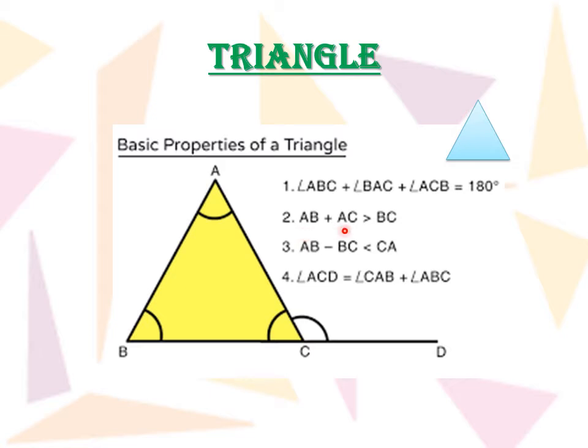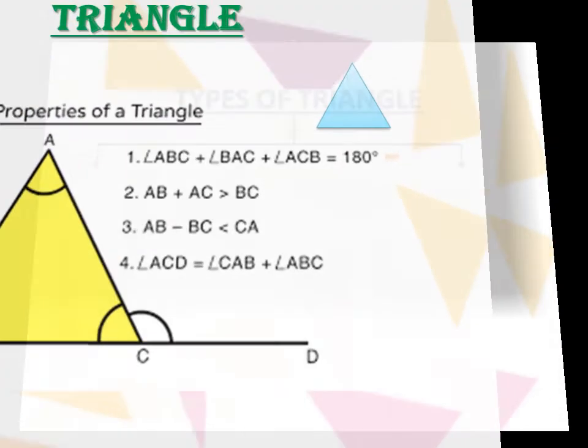Then the sum of any two sides will be greater than the third side, and the difference between any two sides will be less than the third side. And for the exterior angle, if at any vertex the side is extended, the exterior angle will be equal to the sum of the opposite two interior angles. All these properties we will learn in the subsequent slides.